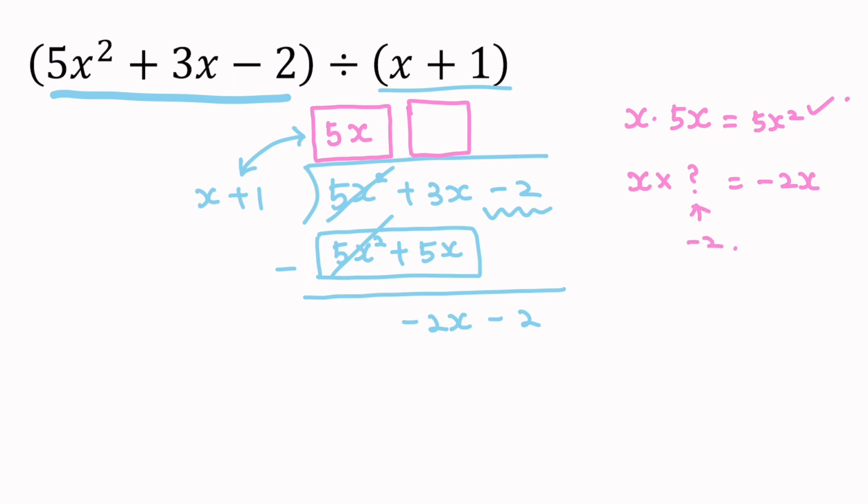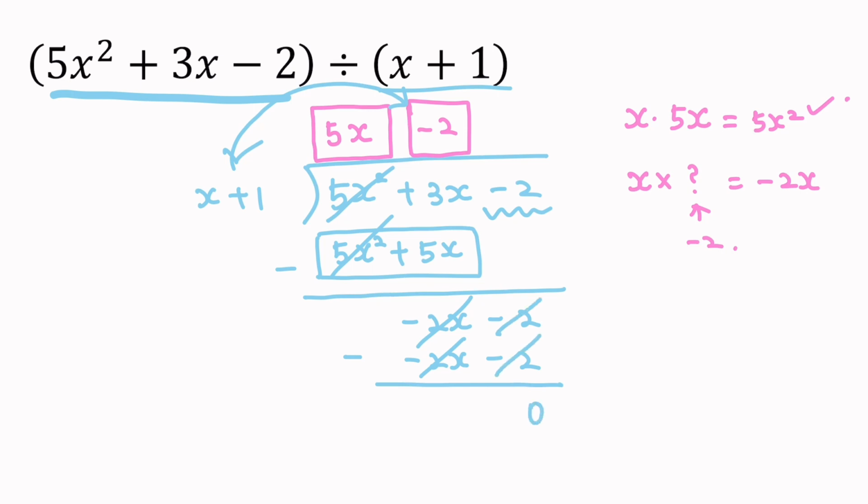It's negative 2. So I'm going to go ahead and write negative 2 and write what I get if I multiply x plus 1 with negative 2. So negative 2 times x will give me negative 2x, and negative 2 times positive 1 will give me negative 2. And if I subtract those expressions, I can conveniently get rid of both terms and come up with 0.